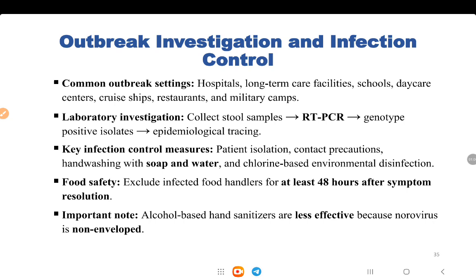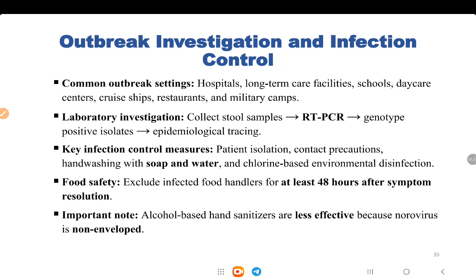Outbreak investigation and infection control. Common outbreak settings include hospitals, long-term care facilities, schools, daycare, restaurants, and military camps.